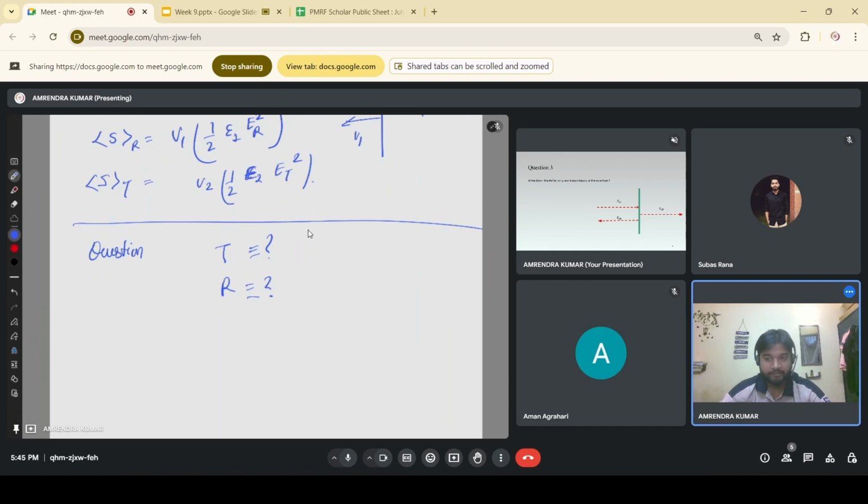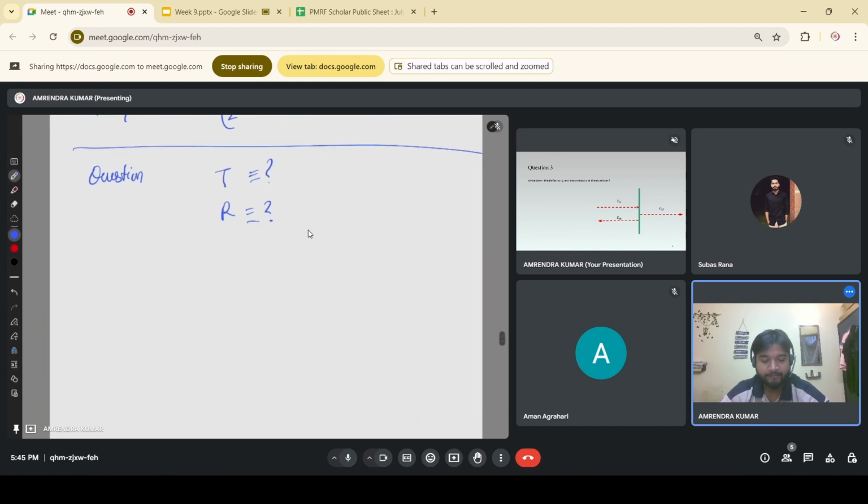Naturally the answer is whatever we are sending in. Whatever light is falling at the interface, how much part of it is reflected and how much is transmitted with respect to that. That means you take the ratio. If you are giving one watt of power, how much is being reflected? 0.5 watt, and that is if the dielectric medium is not lossy. That's a different thing, but this is how you can understand it.